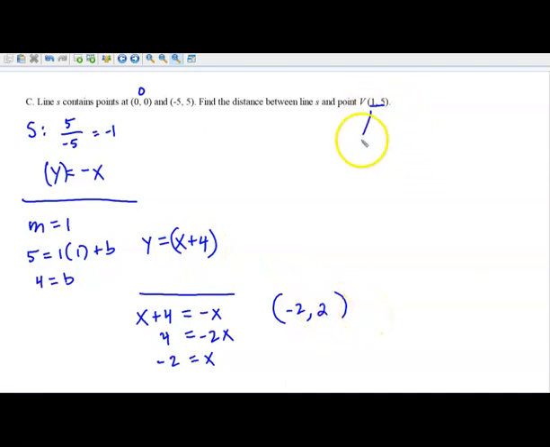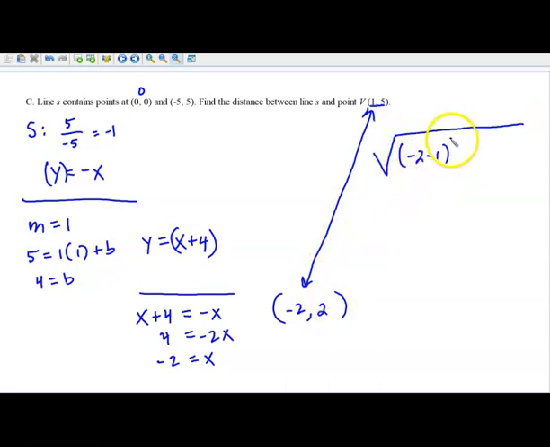And now I'm looking for the distance once again between these 2 points. So back to the distance formula. The difference between the x's, quantity squared, added to the difference between the y's, quantity squared. So that's going to be negative 3 squared, which is 9. Negative 3 squared again, also 9.